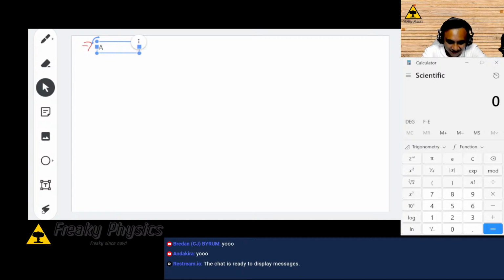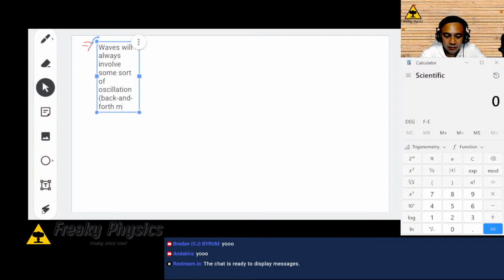Anyway, waves will always involve some sort of oscillation, which is another way of saying back and forth motion.